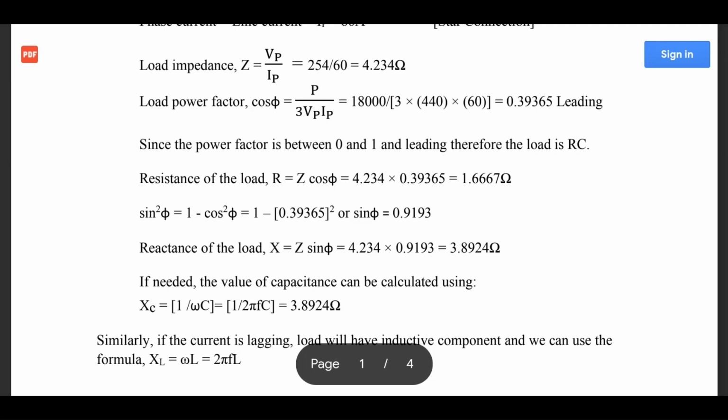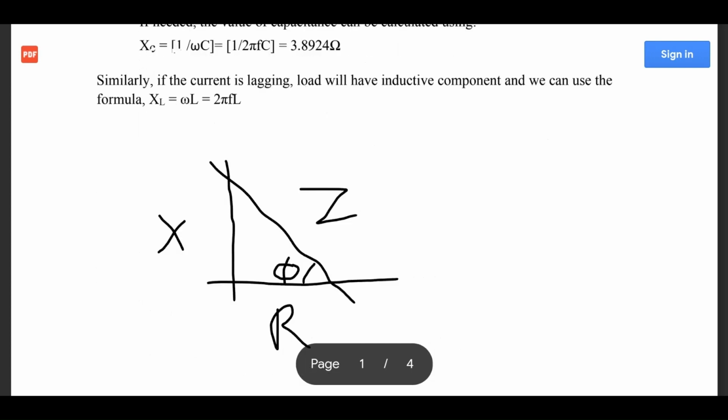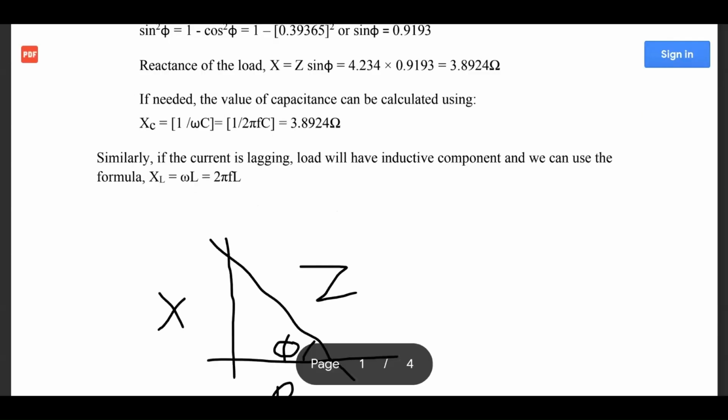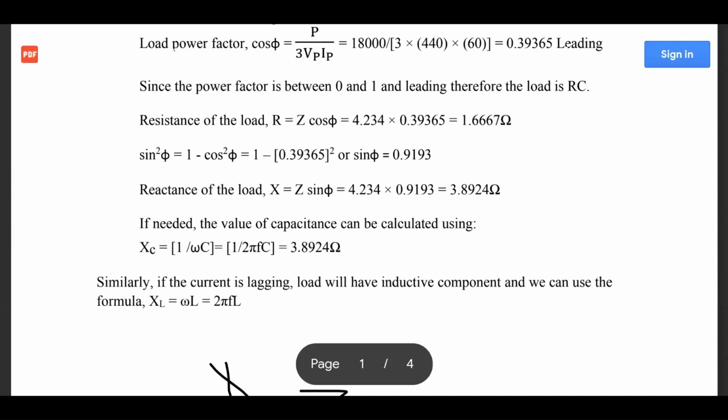From the power triangle as shown in the figure here, Z is the hypotenuse and X and R are the perpendicular and the base. So Z cos phi is equal to R and Z sin phi is equal to X. In this way we can calculate the resistive and reactive components of the load.